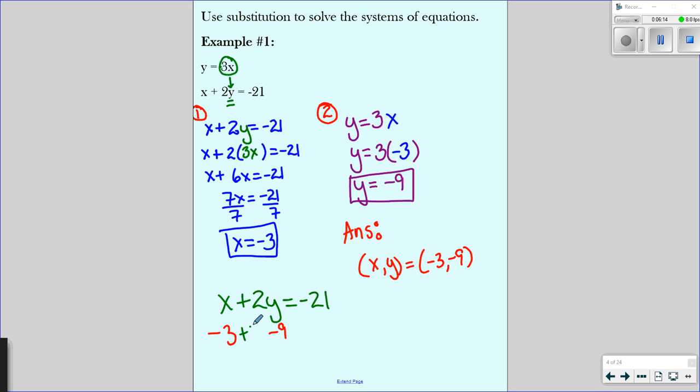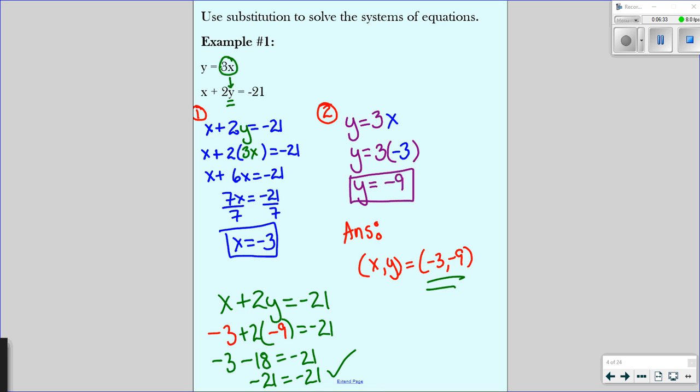So -3 plus 2 times -9 equals -21. 2 times -9 gives you -18. And then -3 minus 18 is -21, equals -21. So it checks out. So this is the correct answer.